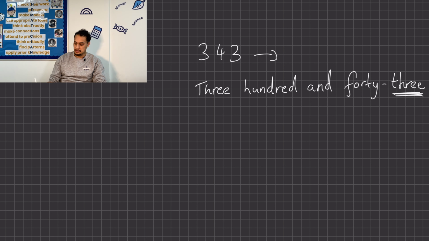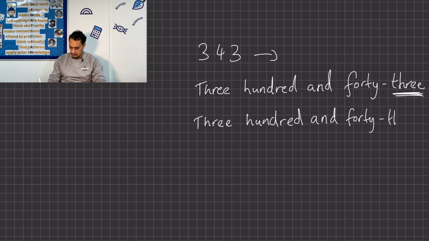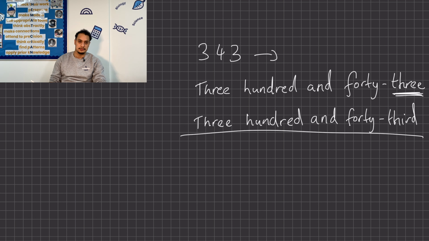So rather than it be 343, it becomes 343rd. Example, I came 343rd in the race. Yeah, so that's how we write ordinal numbers.